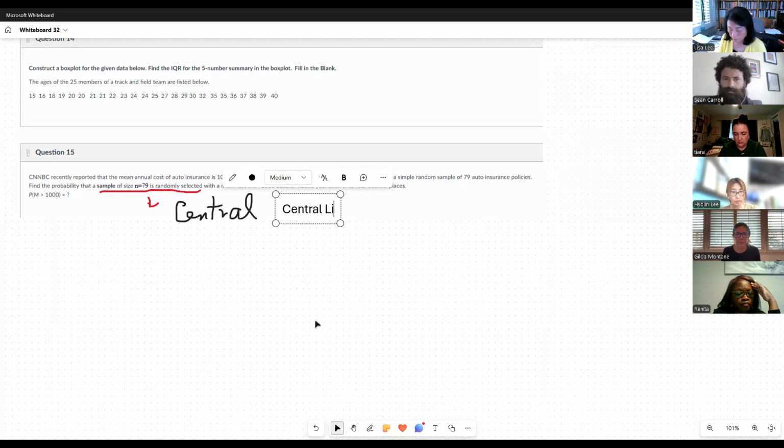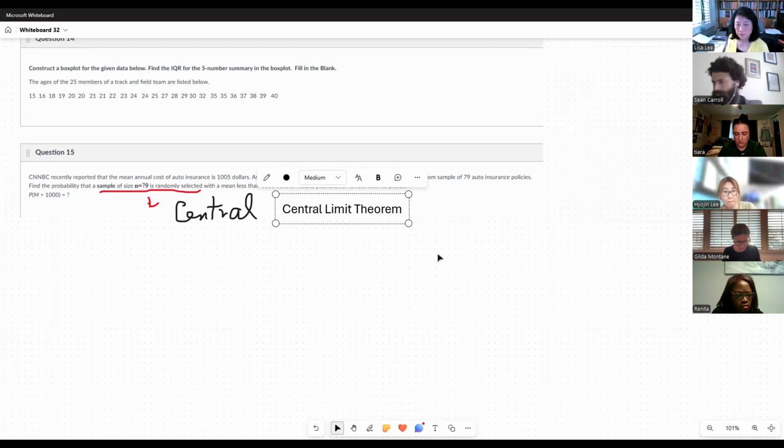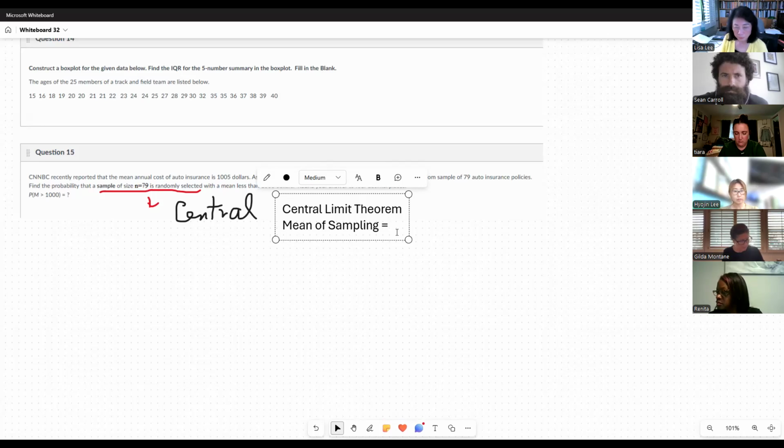Central limit theorem. We need to apply this one, okay? This is from chapter 7. So what is the central limit theorem? It says the mean of the sampling distribution is equal to the population mean.